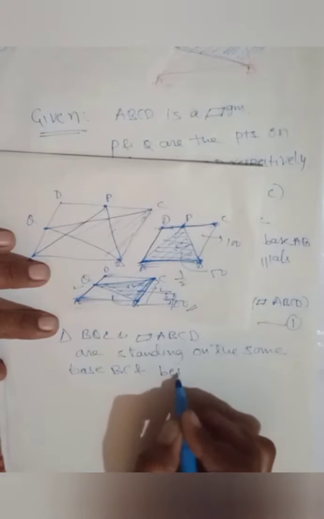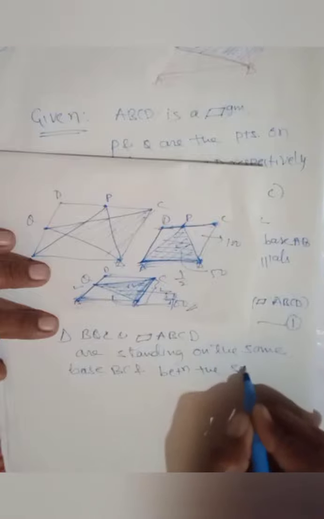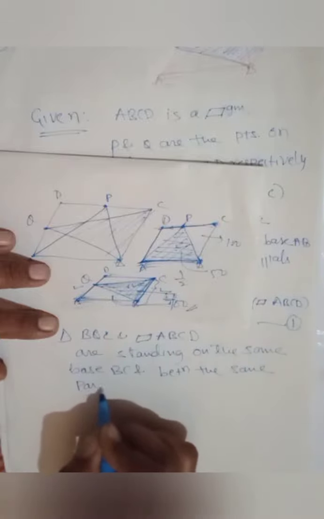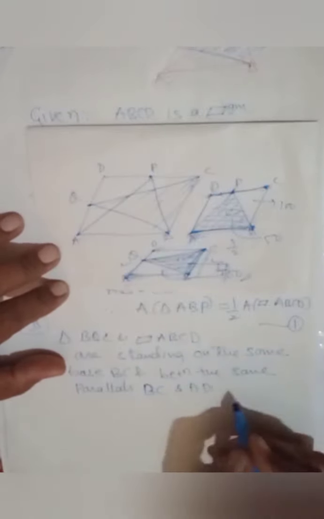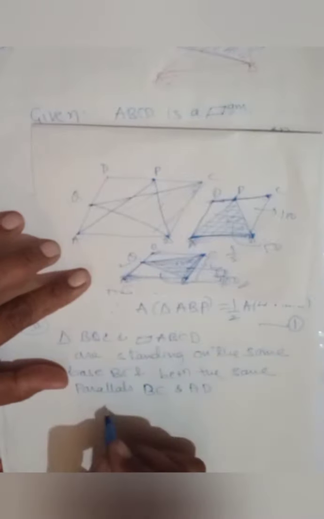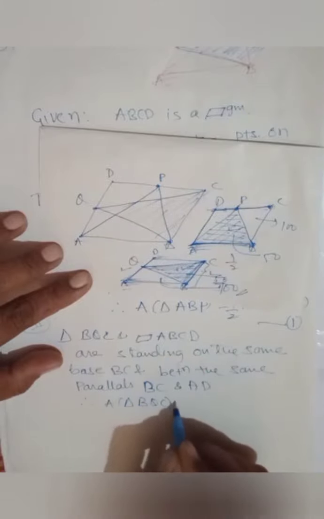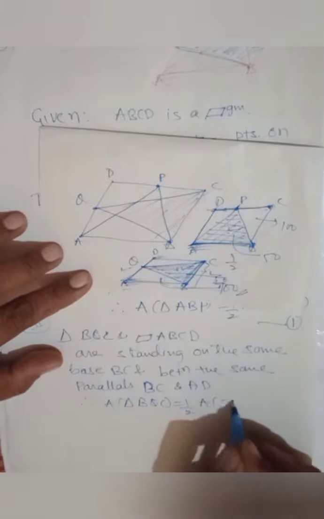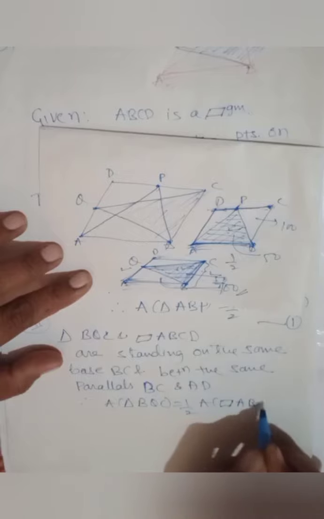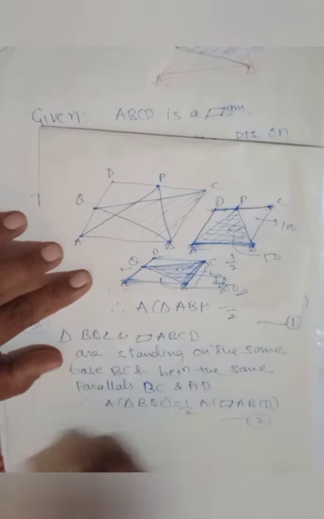And between the same parallels. Which are the parallels? BC and AD. Mention the names of the sides and the parallels. Therefore, area of triangle BQC is half the area of parallelogram ABCD. This is our second point.